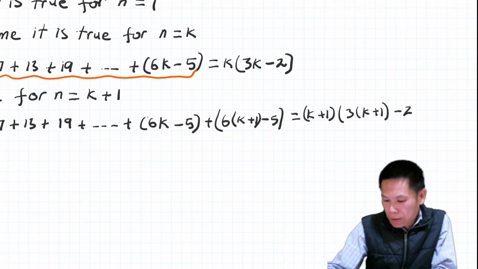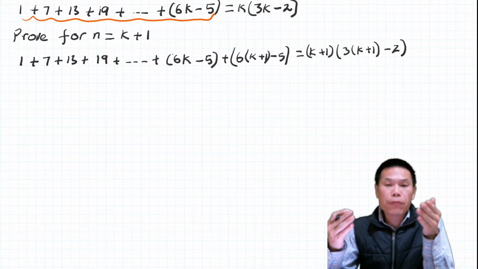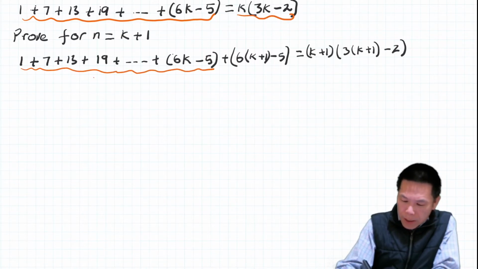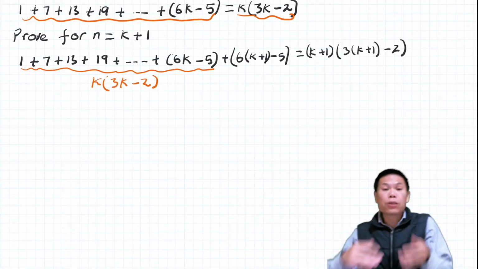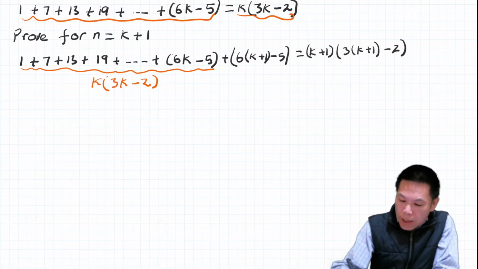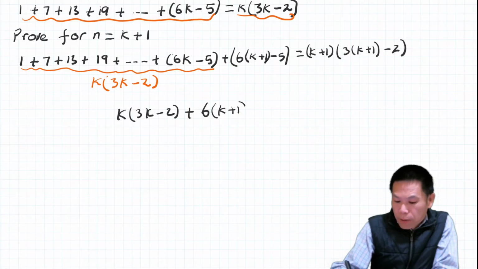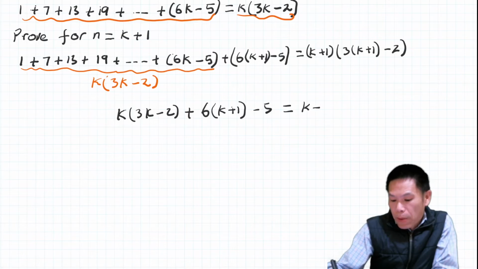Okay, so now I just simplified it, and these terms here is this one here, so I just write here k times 3k minus 2. So I just rewrite it out. On the left hand side is k times 3k minus 2 plus 6k plus 1 minus 5 is equal to k plus 1 and 3k plus 1.